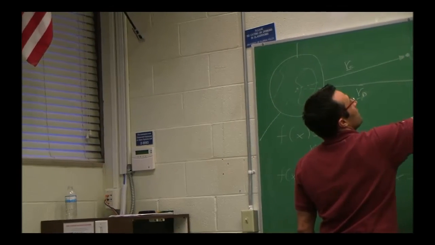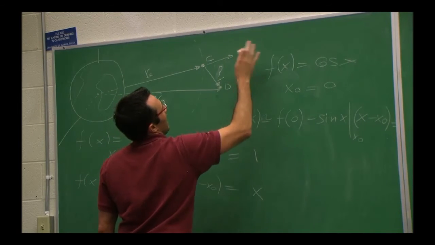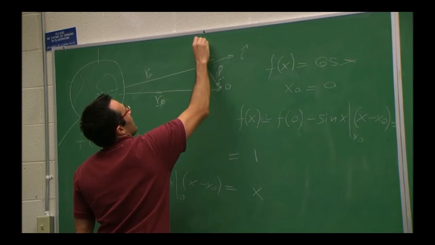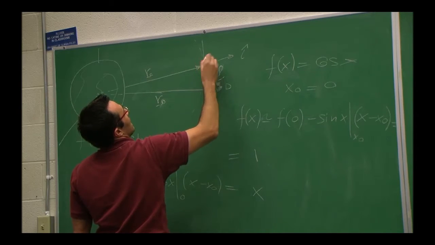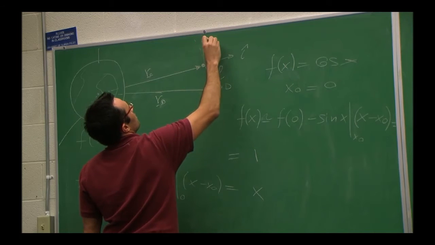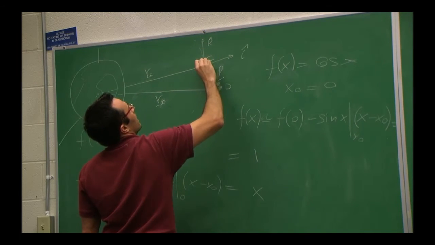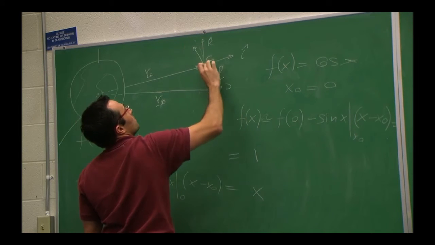And so the LVLH had the R in this direction. Let me just use I. It's the X direction, right? And then the W, normal to the plane. Let's just call this K. And then the cross product of the two had to be in the direction of motion.